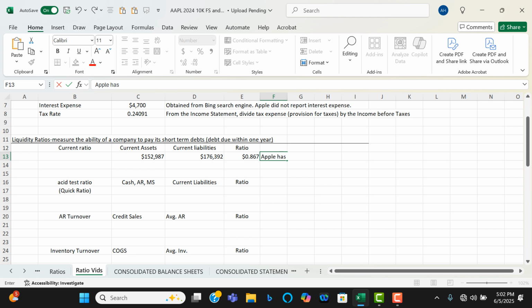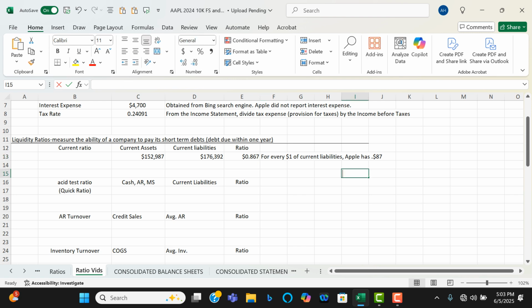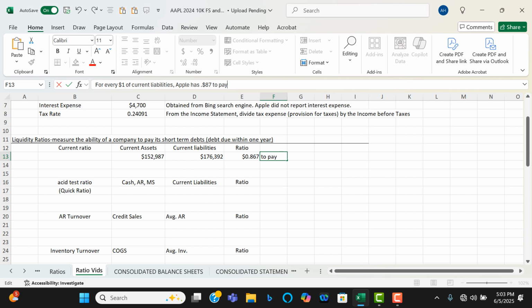it means that for every $1 of current liabilities due within 1 year, Apple has about 87 cents to pay off that $1.